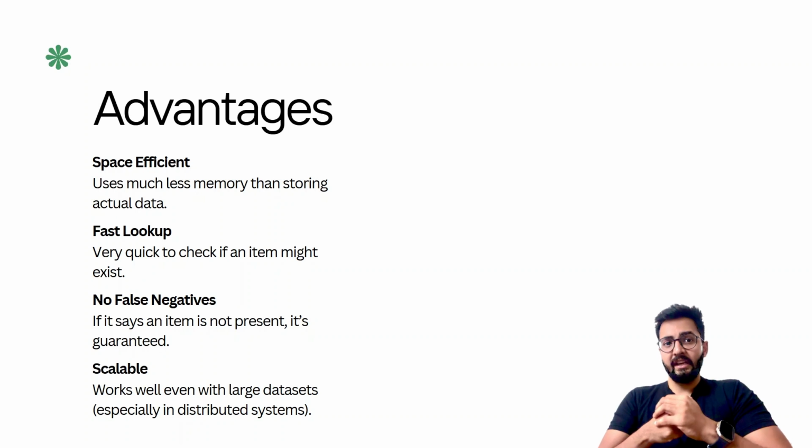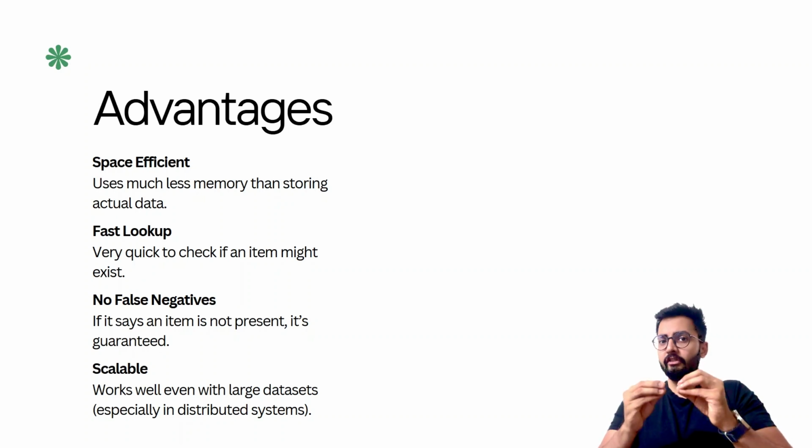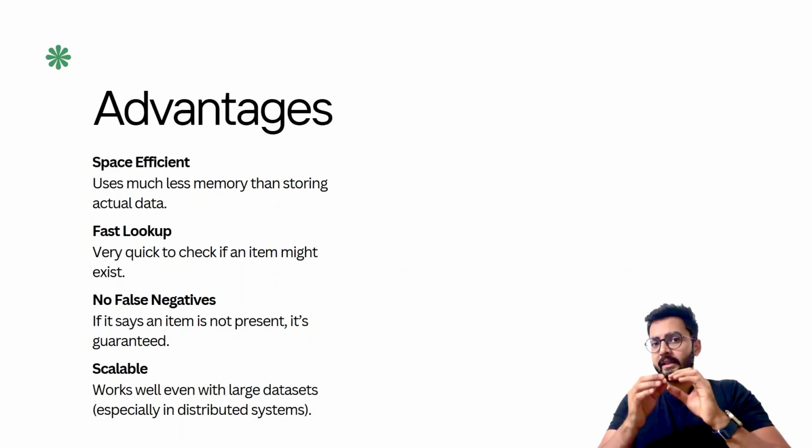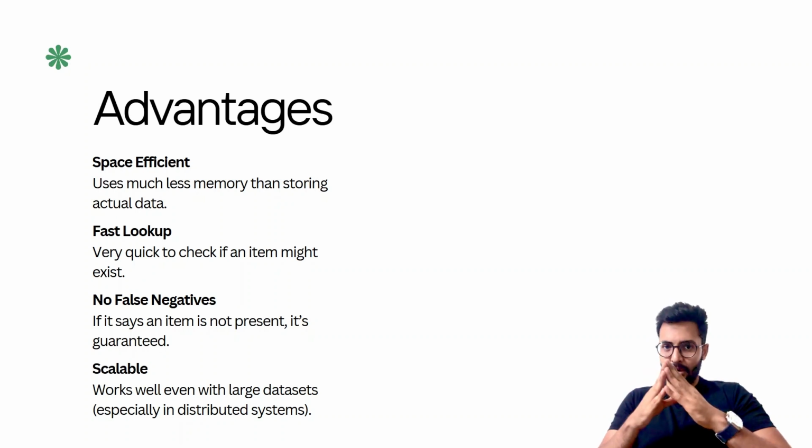The third one is they never give false negatives. So if the filter says an item is not present, you can be absolutely sure. That's a guarantee. And lastly, they are highly scalable as well, because even when you are working with massive data sets or distributed systems, Bloom filters perform really well.